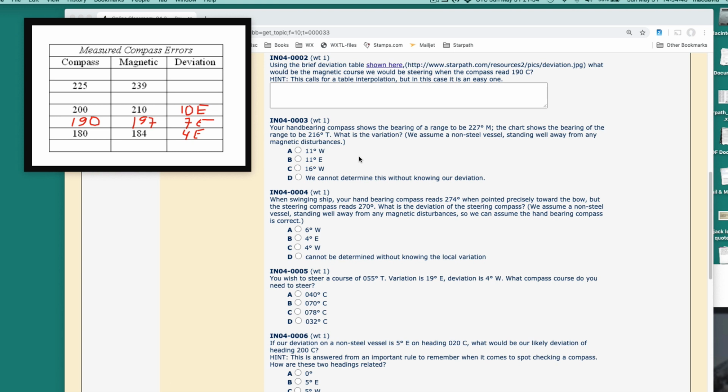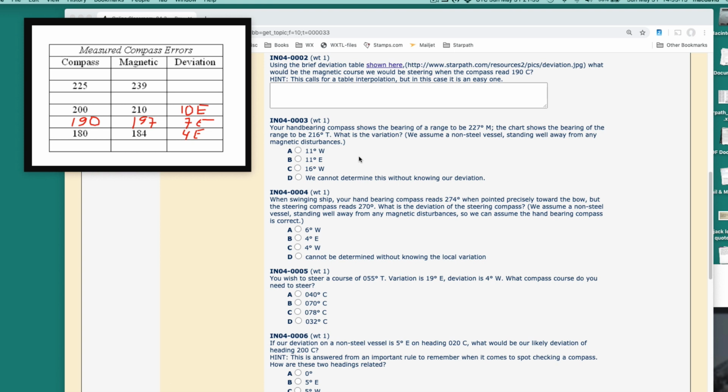Nothing weird like that. We have a nice clean hand, nice clean compass so we can read accurately, and we're on a non-steel boat. A hand-bearing compass does not work on a steel boat, that I know of. So we have a non-steel boat, aluminum, fiberglass or wood, and you're standing in a clean place where the compass works right.